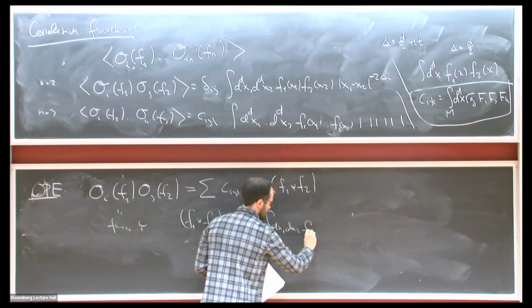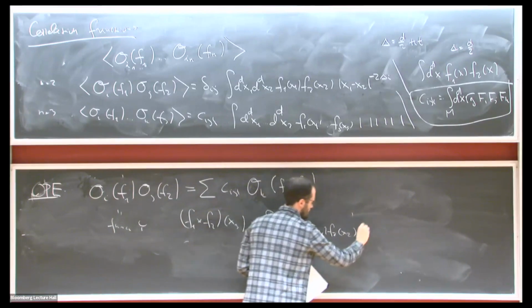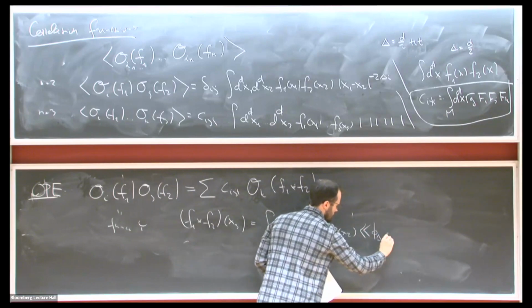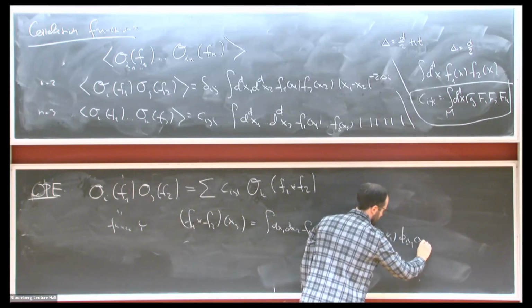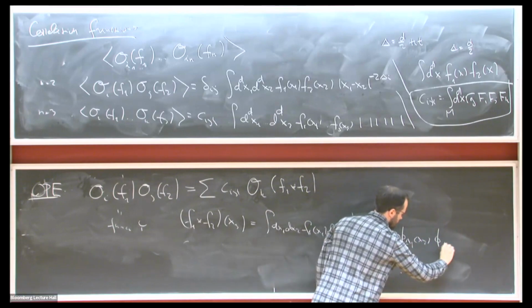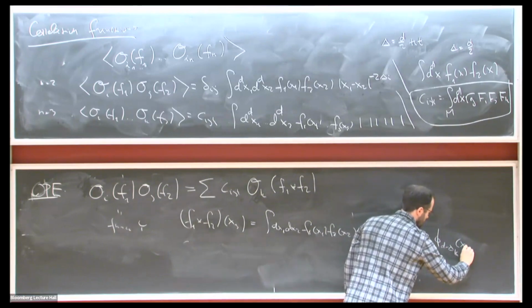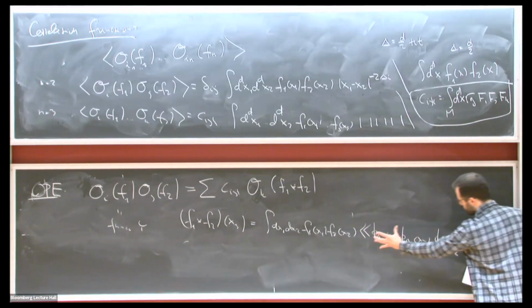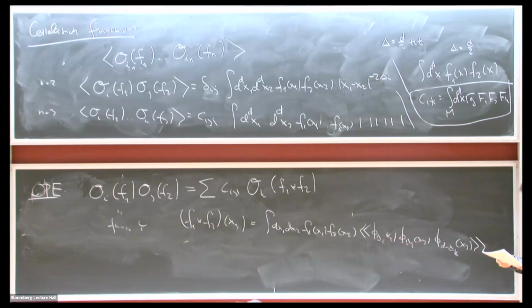And it's just this, minus delta, where this double angle bracket just stands for the 3-point structure, the specific function of x1, x2, x3, which is the 3-point function.